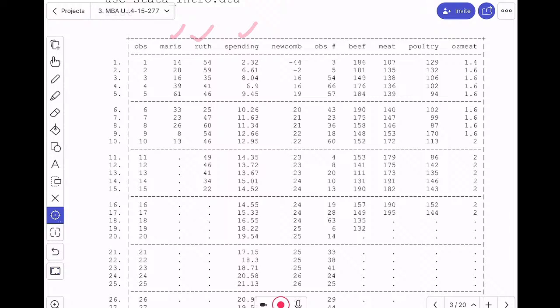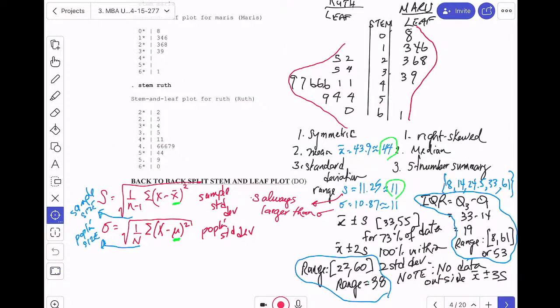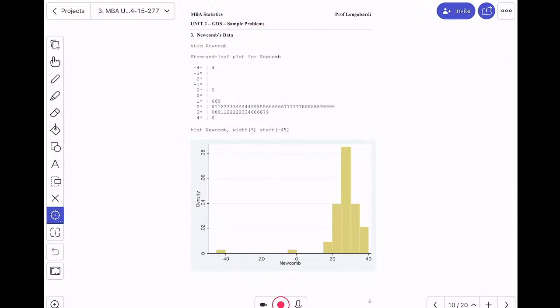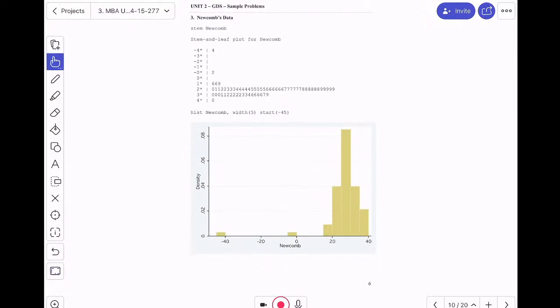So we begin with data. You always start with data preparation, right? You plot the data and look at it. Here's the stem and leaf plot of Newcomb's data and the histogram, and clearly these are outliers here. Are they statistical outliers? Yes. If you test them, you'll find out, because most of the data is very tight, around 30-ish, it looks like.